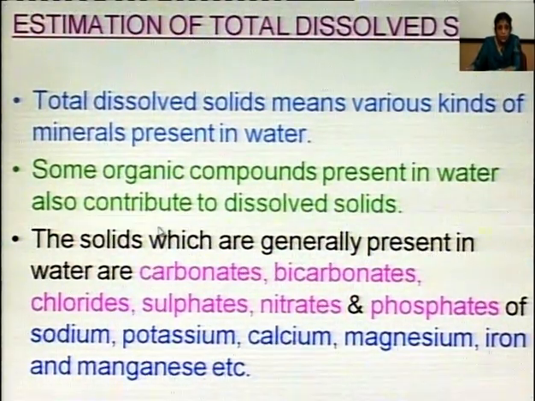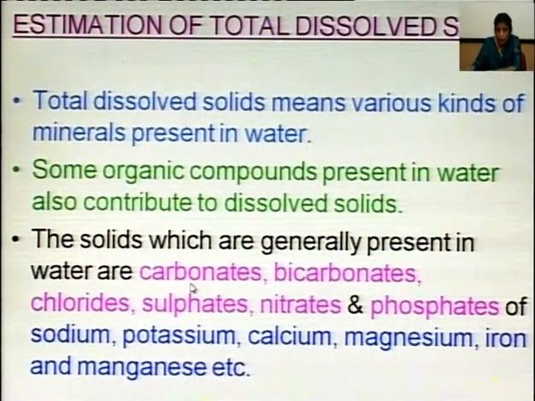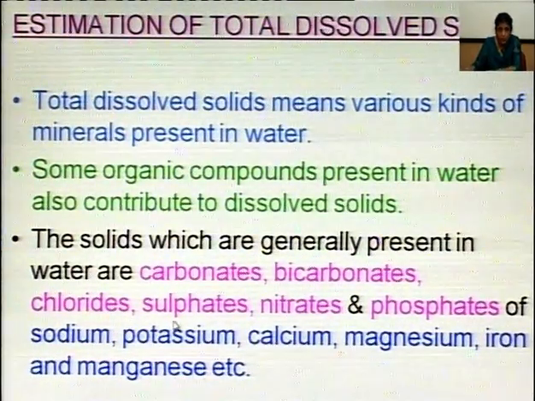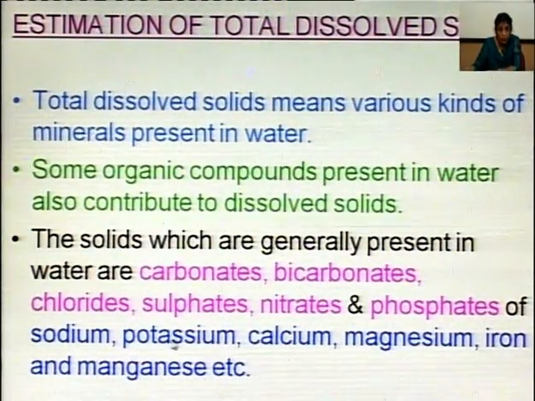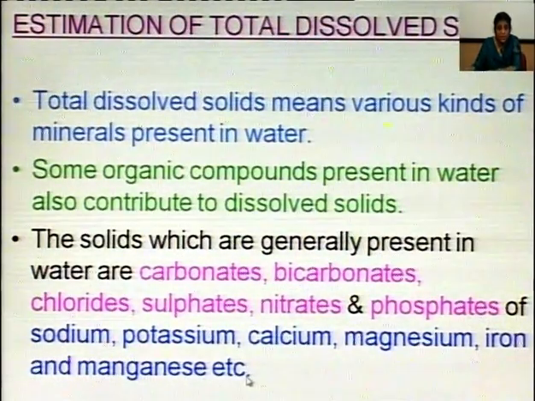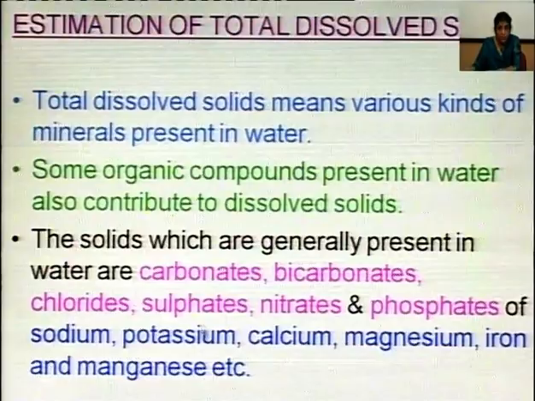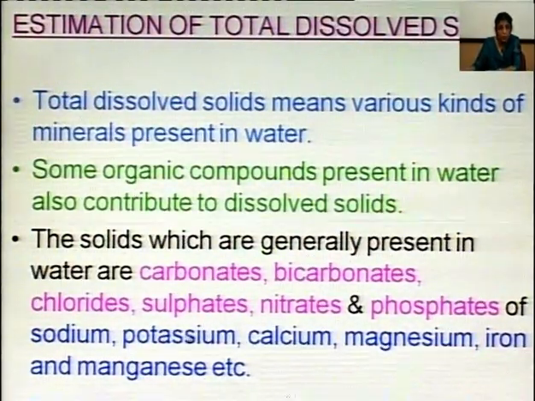The solids which can be present in water can be the carbonates, bicarbonates, chlorides, sulfates, nitrates and phosphates of sodium, potassium, calcium, magnesium, iron and manganese, etc. So, in simple words, these are the salts which can be present in water.